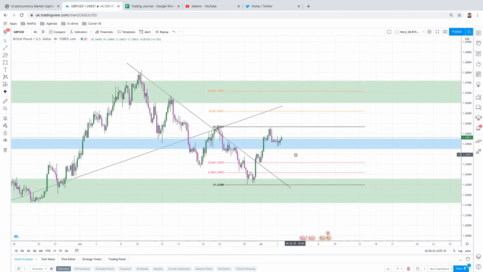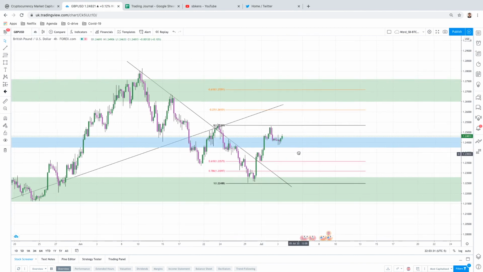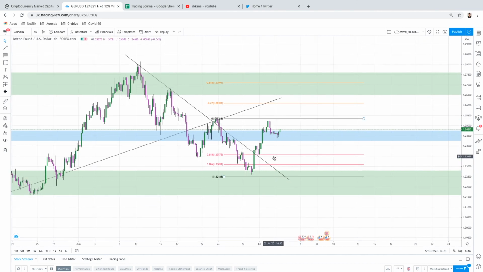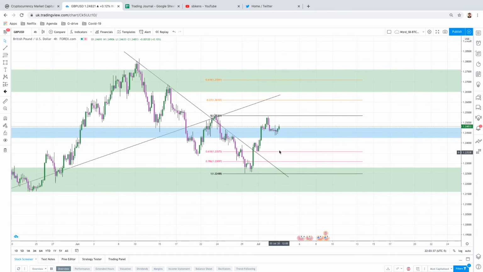We have closed the week above. However, on Monday we could easily open below or just quickly push back down. I do expect this region to be here, 61.8 retracement, 78.6 retracement. Looks like it aligns well with our counter trend line retest and our weekly key level. So we'll see how that goes.